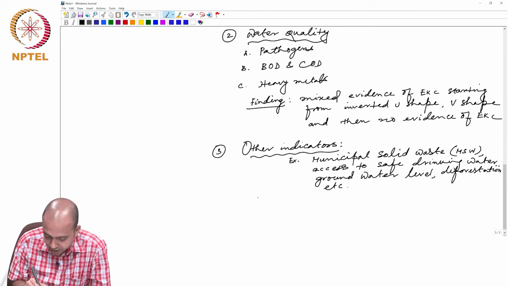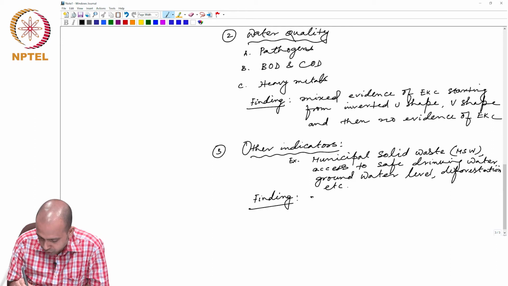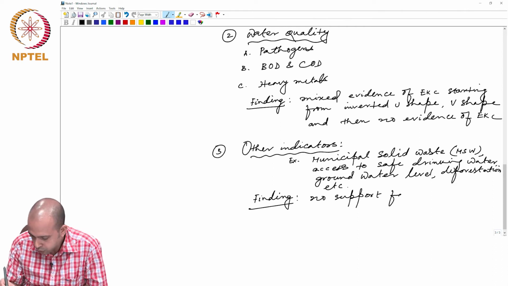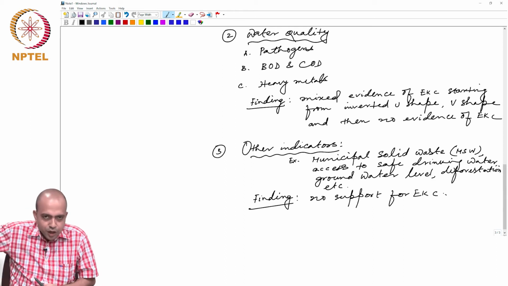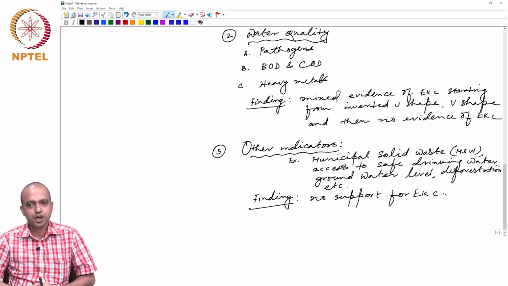And when these other indicators are used, the finding is no support for EKC. Now, one thing is clear from this discussion, that the finding for the environmental Kuznets curve is quite mixed.